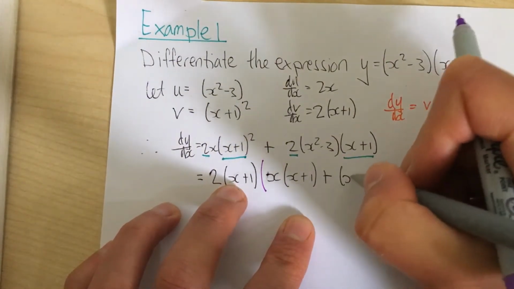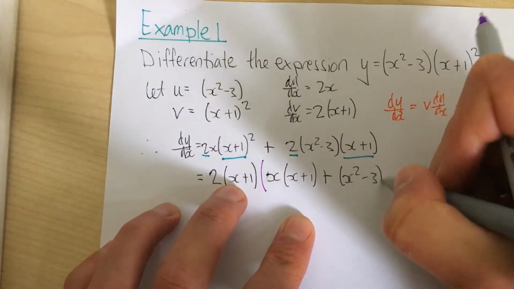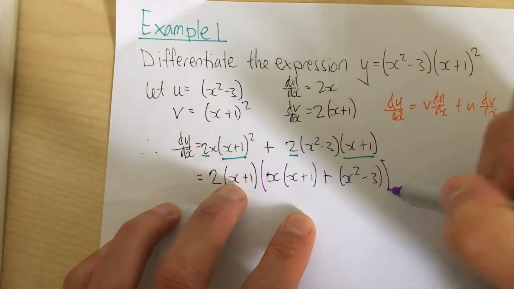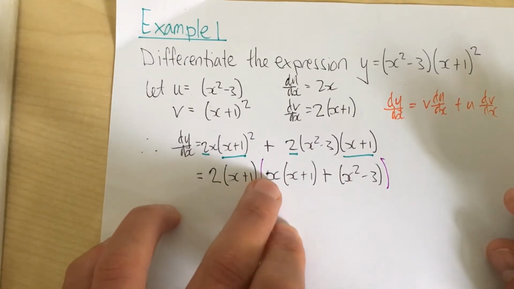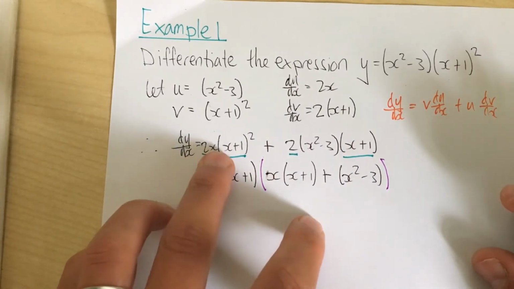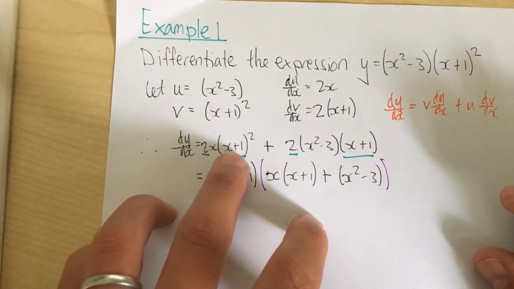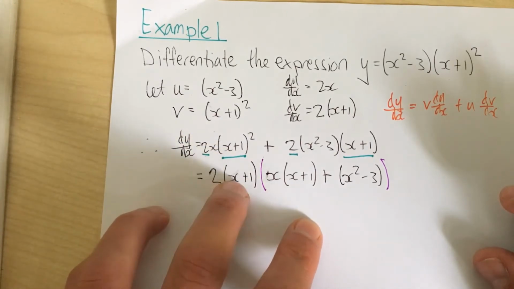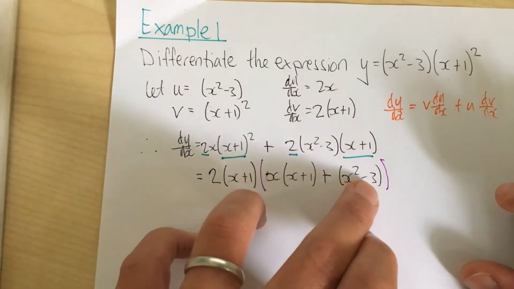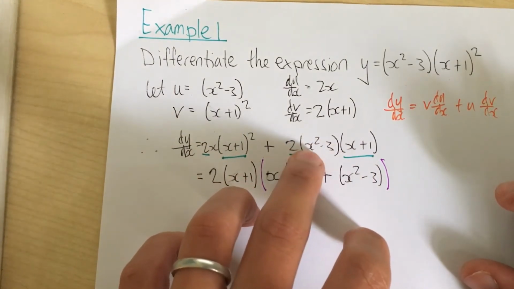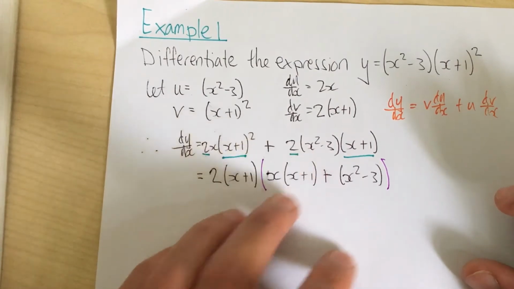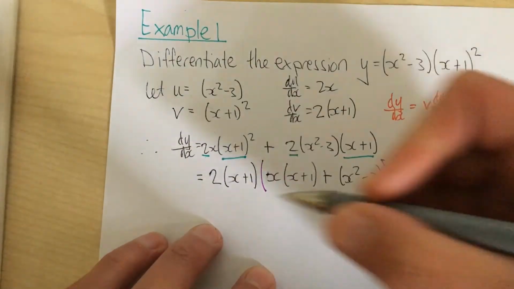So I'm just left with x squared minus 3. So should we check that? 2 times x plus 1 multiplied by x plus 1 gives us 2x times x plus 1 squared. Brilliant. And 2 times x plus 1 multiplied by x squared minus 3 gives us 2 times x plus 1 multiplied by x squared minus 3. Sorted.